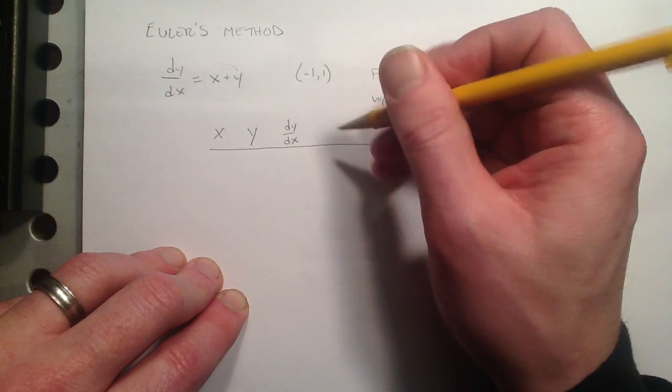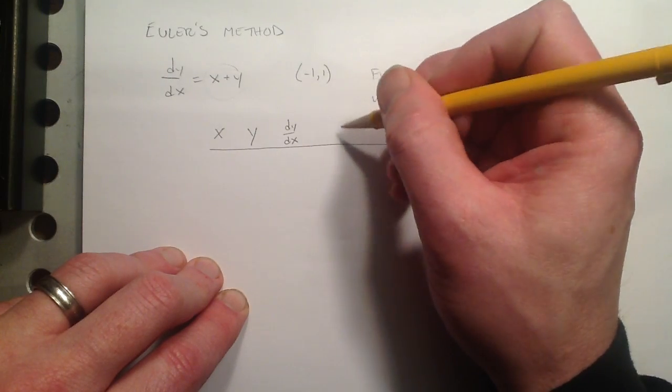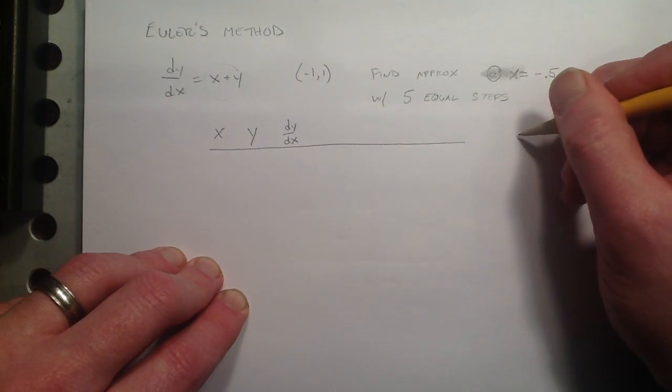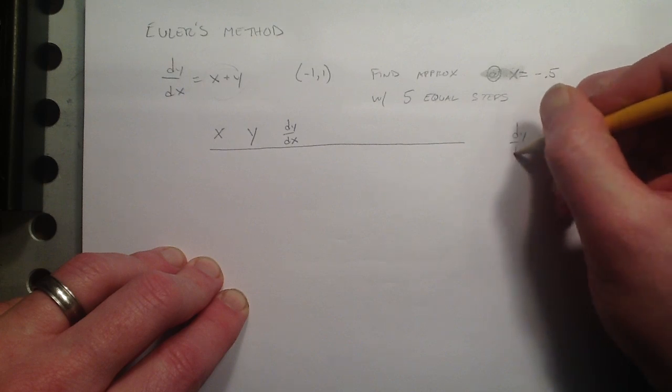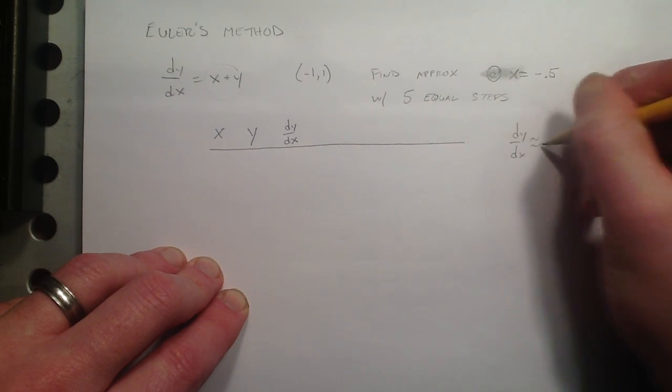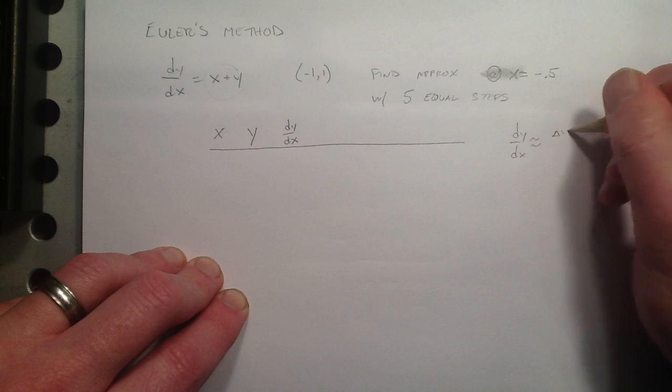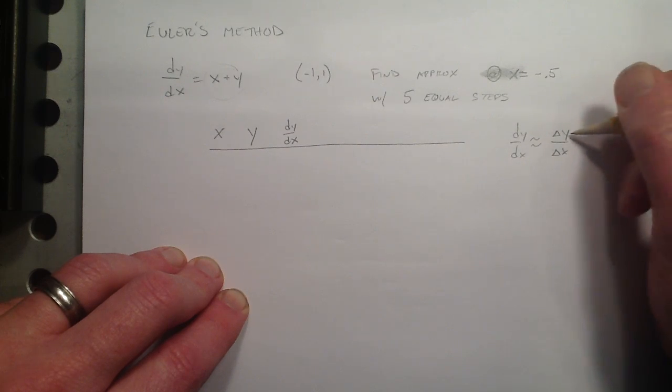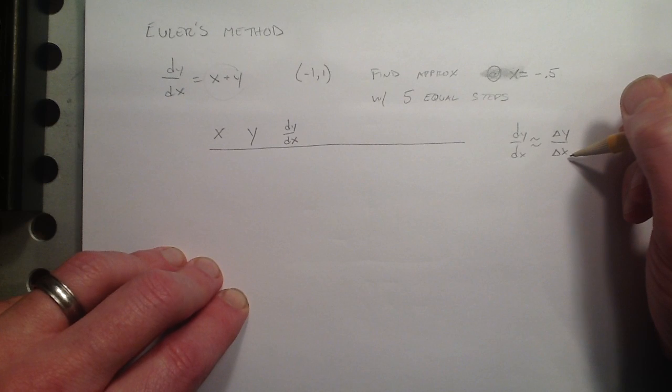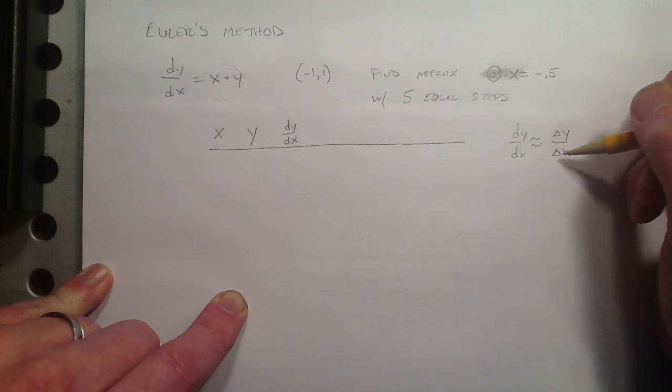And then here's the key. I'll write this off to the side: dy/dx is approximately equal to, at any point, delta y over delta x, especially if the delta x is sufficiently small, those two things should be approximately equal to each other.